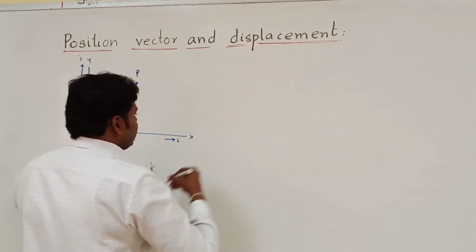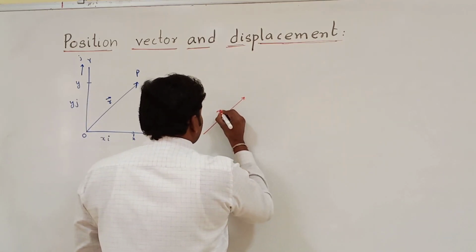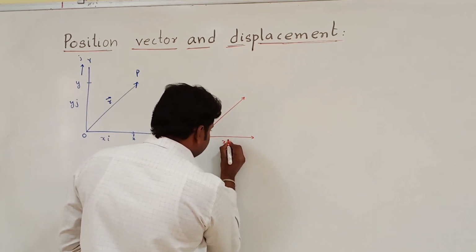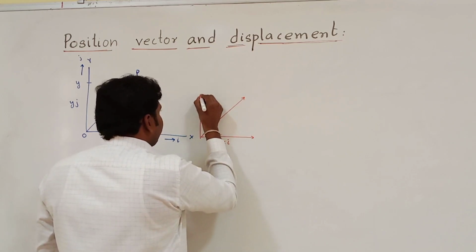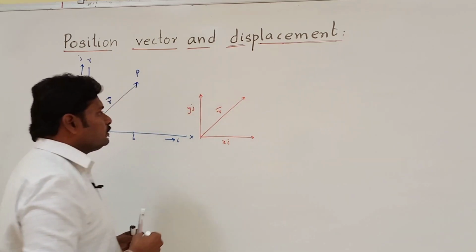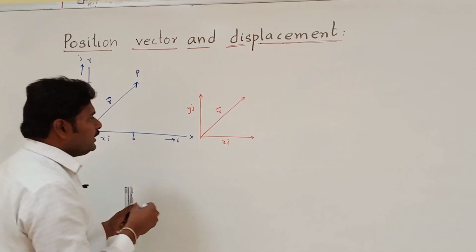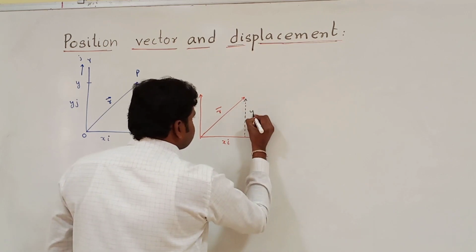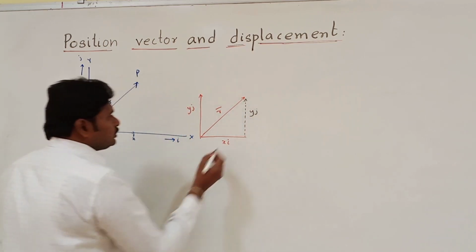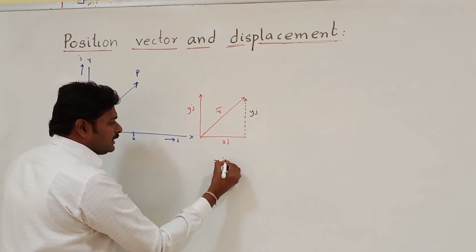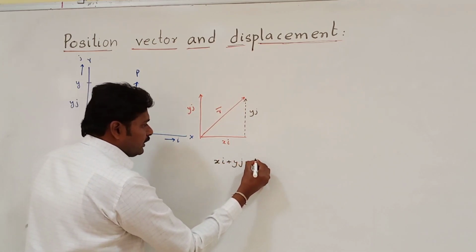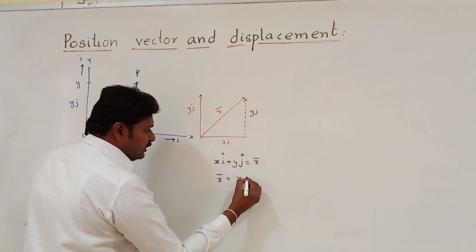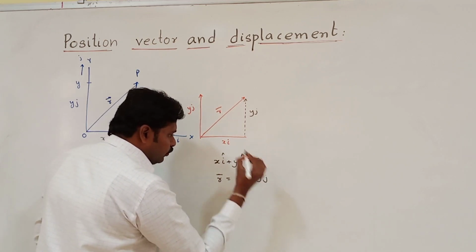The position vector is a combination of xi and yj. So xi plus yj is equal to vector r, of course, r cap. So this is our position vector in terms of xi plus yj.